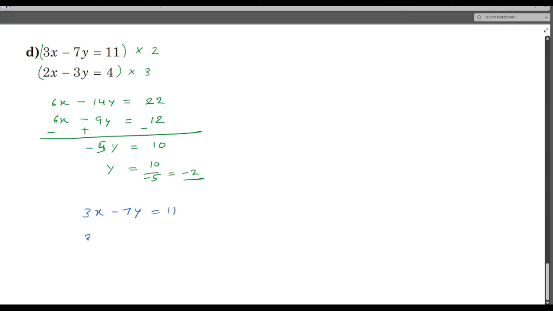So here 3 times x minus 7 times y, where the value of y is minus 2, is equal to 11. That gives me 3x is equal to 11 minus 7 times 2, which is 14. So 11 minus 14 is minus 3. Your 3x is minus 3. Your x is minus 3 upon 3, which is equal to minus 1. So the value of x is minus 1 and the value of y is minus 2.